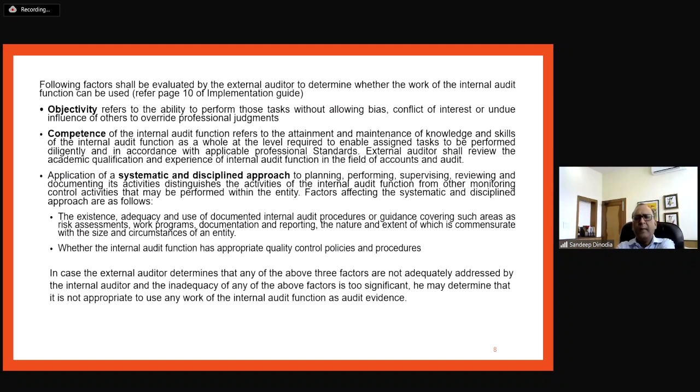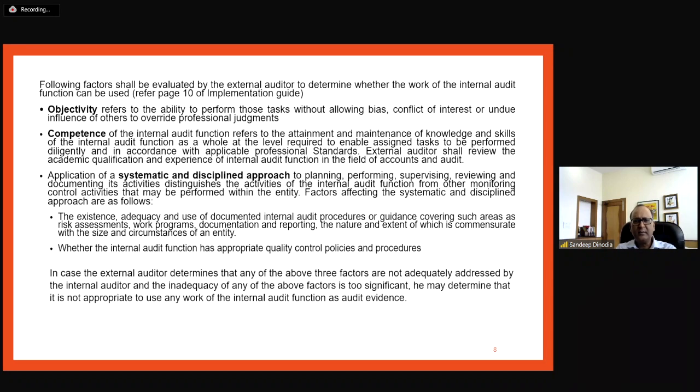So, friends, this is an important aspect of systematic and disciplined approach, which I think applies to both internal audit and statutory audit, when we both have responsibility of proper procedures, guidance, work programs, which we call audit programs, and assessing the risks and documentation and reporting.